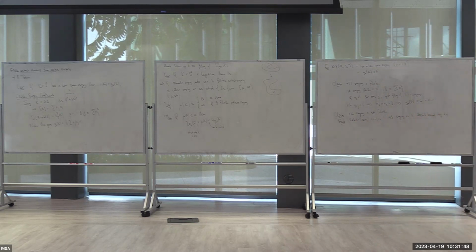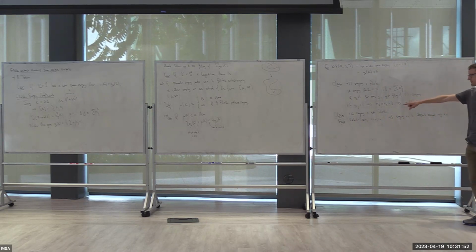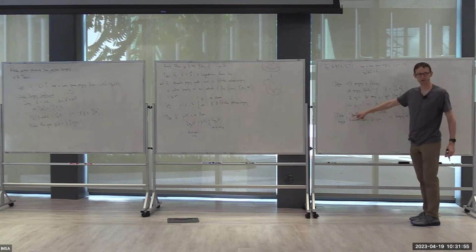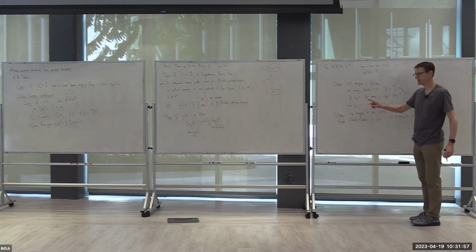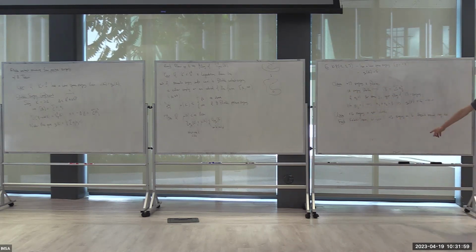Okay, so if 16 surgery were fillable, this expression would be expressed as a sum of squares like over there, but none of the numbers can be one.